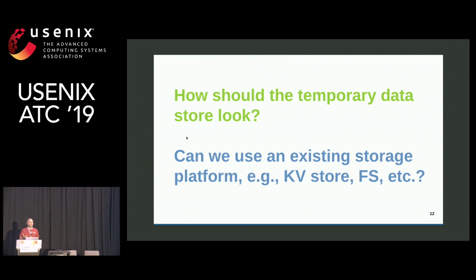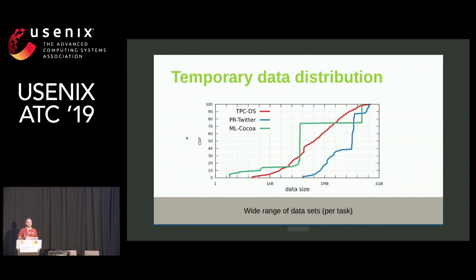Can we use any of the existing distributed storage platforms, like a distributed key value store or a distributed file system? So we set out to better understand the requirements of temporary data storage by looking at the size distribution of temporary data for different workloads.